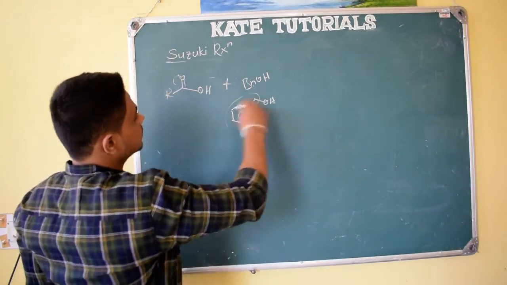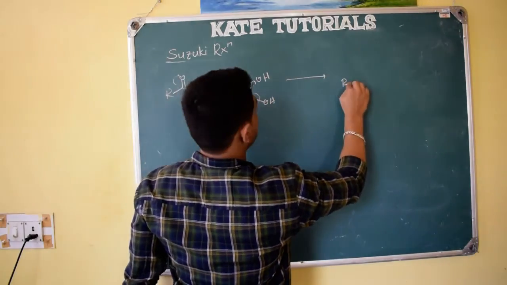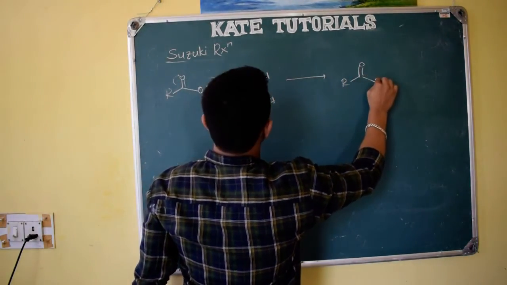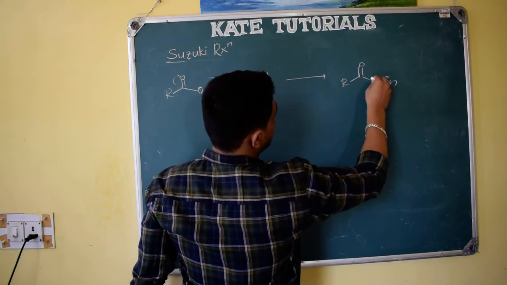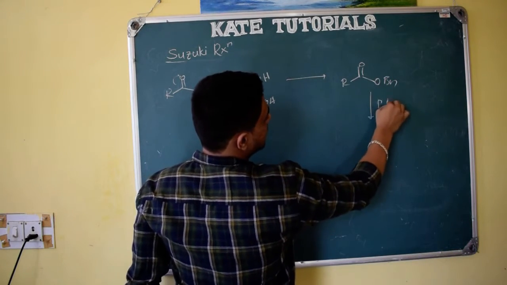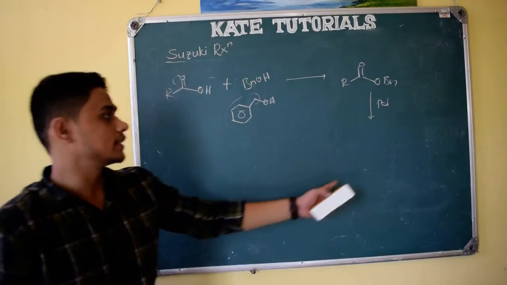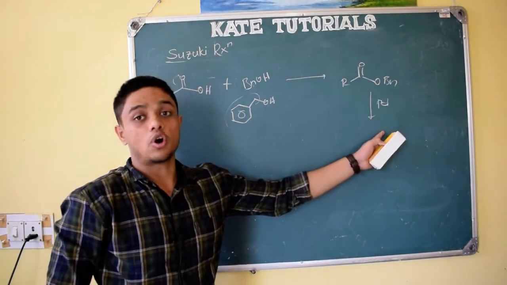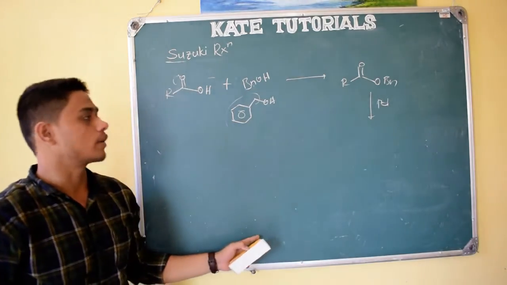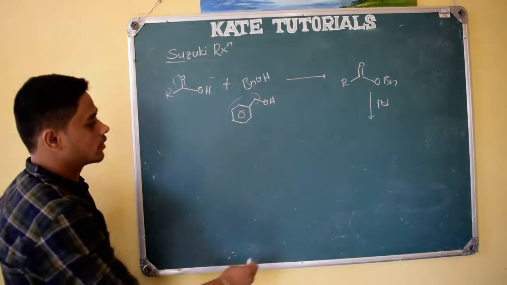So he converted it into esters, RCOOBn. Again the same thing: he used palladium in the zero oxidation state, so it is oxidative addition, and then one more reagent is needed to get the ketone.